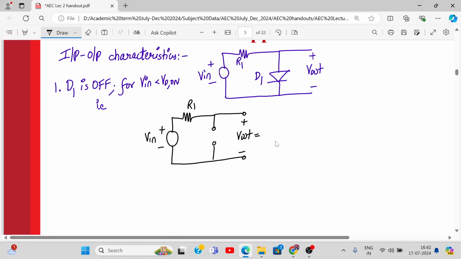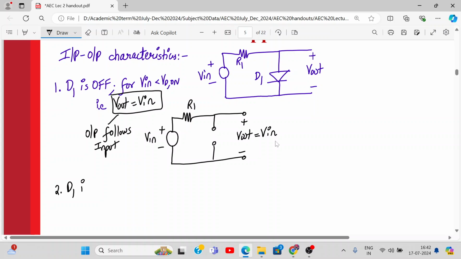Can I say here V out will be equal to V in? So V out equals V in. Can I make a statement: output follows the input? Output follows the input.